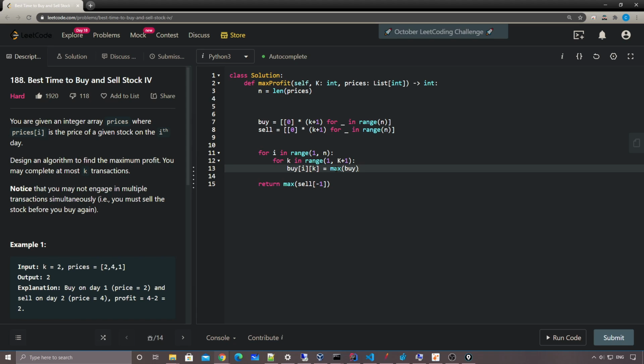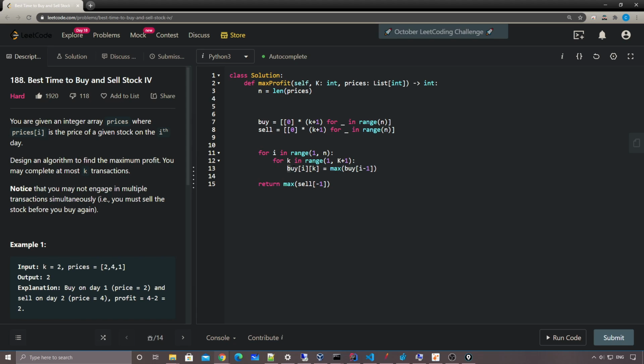So if we don't buy the current stock, we can get the current transaction from I minus one, because that's the I minus one day, and the last transaction is still buy. Since we're not buying it here, at I state the last transaction is still the buy I minus one.